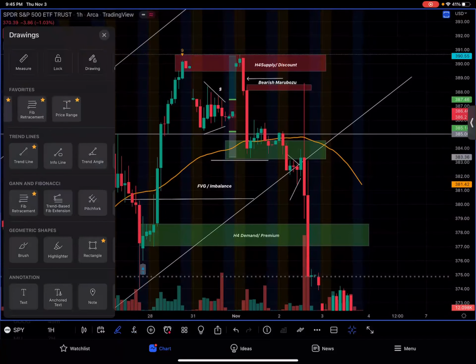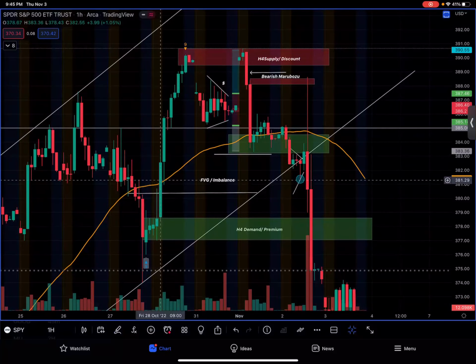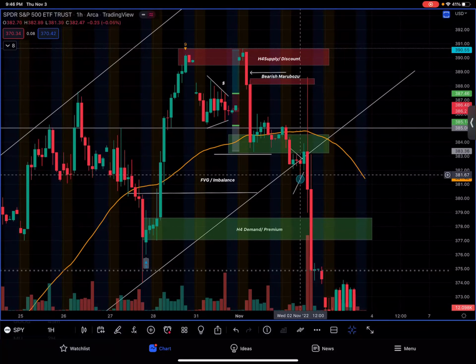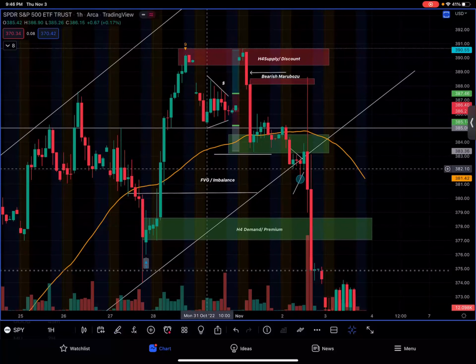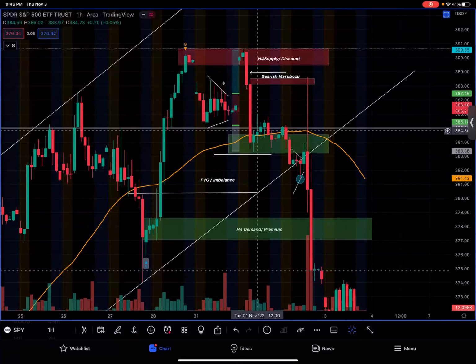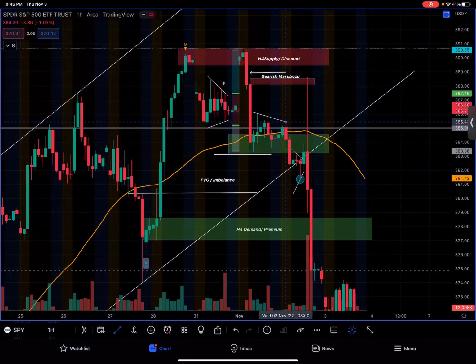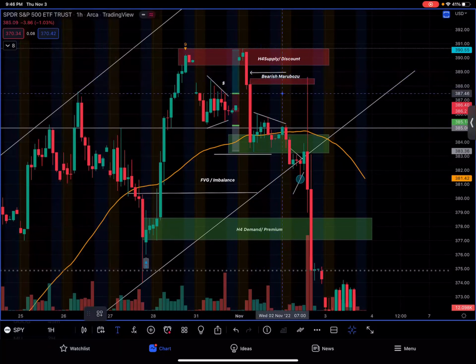I'll circle it. Price filled in some imbalance with our hammer. However, it didn't have enough momentum to push price to make a lower low. So we saw institutions engineer some liquidity to mitigate the leftover imbalances up here before coming back down.